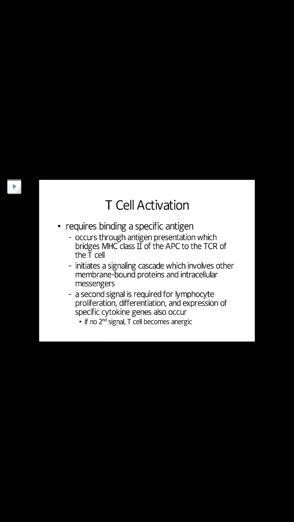Alright, here T cell activation requires binding of a specific antigen. It occurs through antigen presentation, which bridges MHC class 2 of the APC to the TCR of the T cell. And class 2 is going to be with the T helper cell.